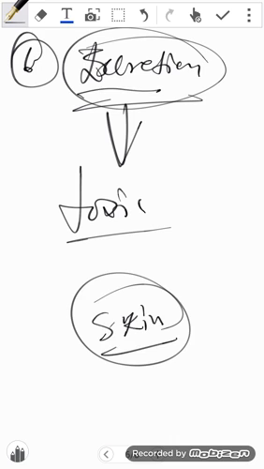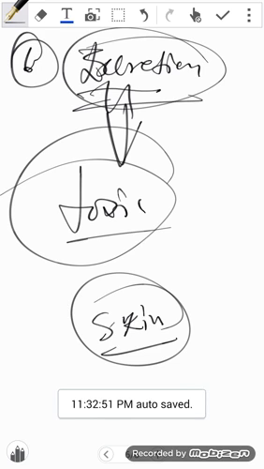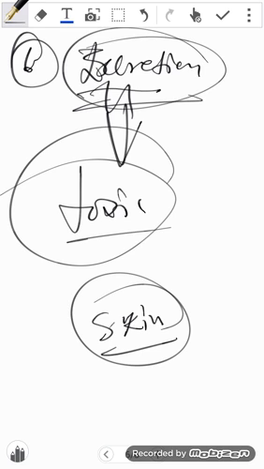So excretion will allow us to remove toxic materials, harmful substances, waste of metabolism out of our body through certain organs that are regarded to be excretory organs. And as a result, it helps us to be healthy in life.